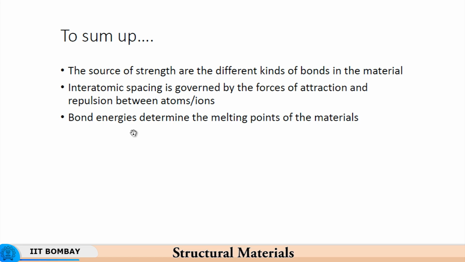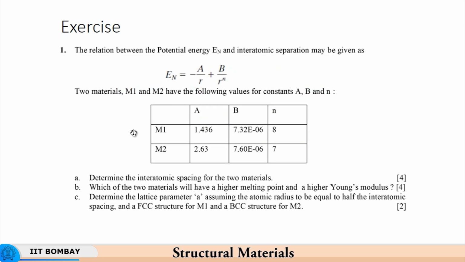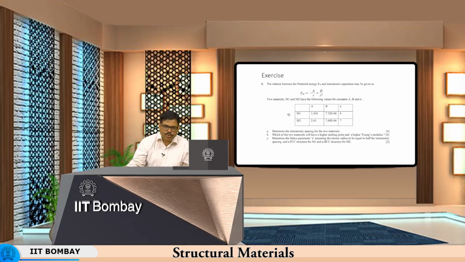So with this we come to the last part, that is the exercise, which I would leave to you to work on as homework. We have the relationship between potential energy and the atomic separation here. There are two different materials which have two different exponents n for this repulsive energy, and two different values of A over here, and now you have to determine the interatomic spacing for these two materials and infer which of the two materials will have a higher melting point and a higher Young's modulus.